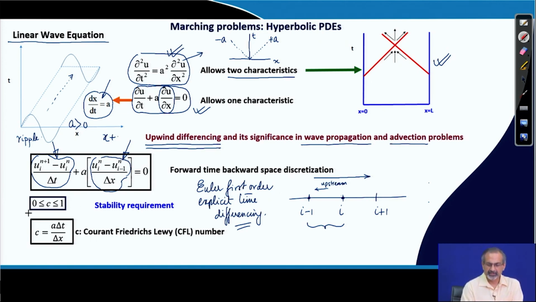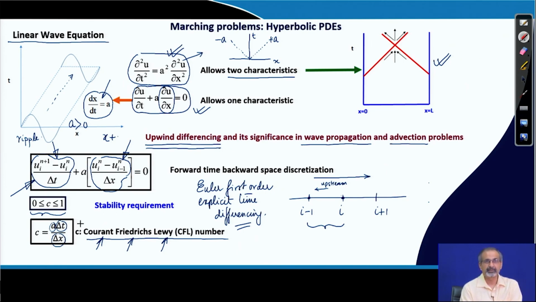There is a stability requirement which is associated with this form of discretization, which is given by this interval 0 less than equal to c less than equal to 1, where c is a very, very important number in CFD. It is called the CFL number, named after three very famous scientists, Courant, Friedrichs and Lewy. What it represents is the wave speed a into the time interval delta t by the space interval or the grid spacing delta x.